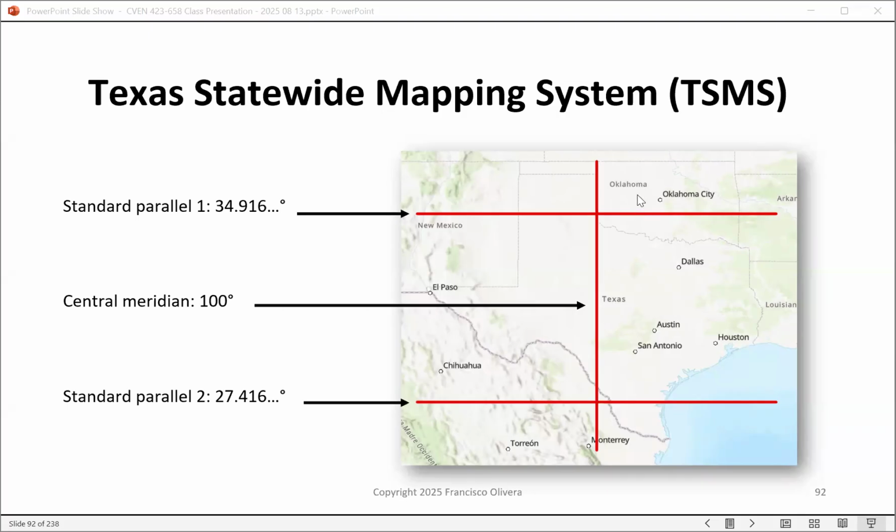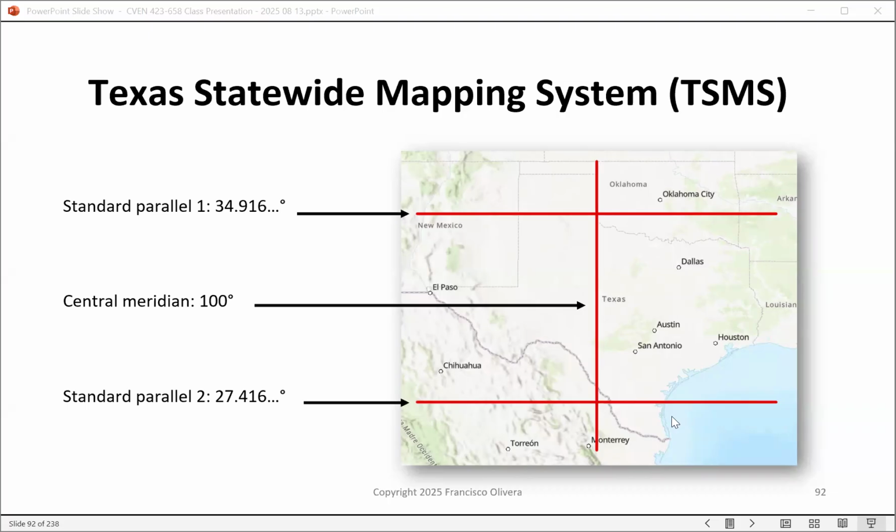As you depart from the standard parallels, you're going to have more and more distortion. So that's why the standard parallels are within the northern boundary of Texas and the southern boundary. And this is going to be the central meridian. So that everything is going to be tilted, let's say, counterclockwise on the east side and clockwise on the west side of Texas.